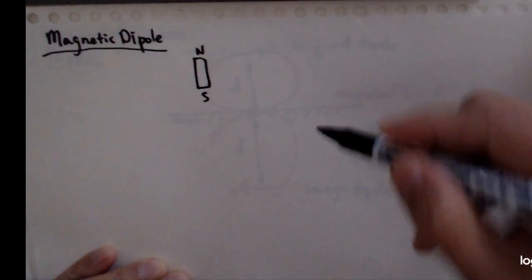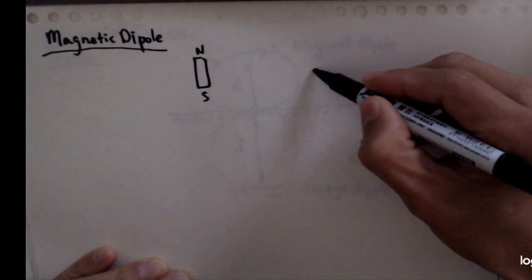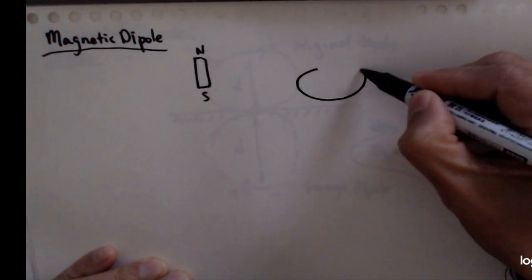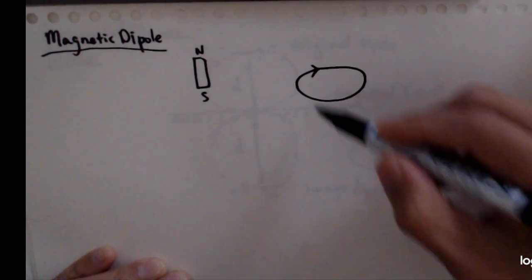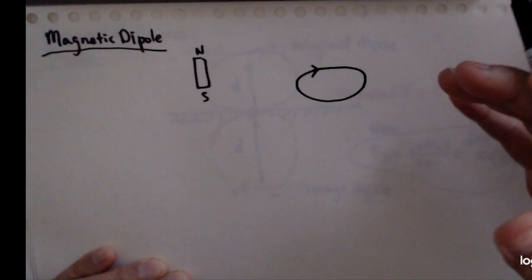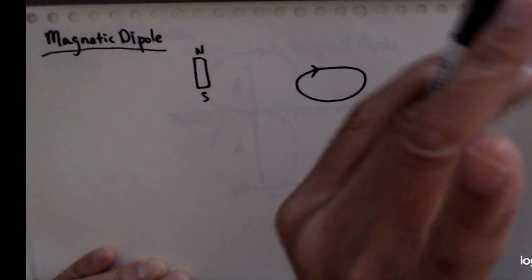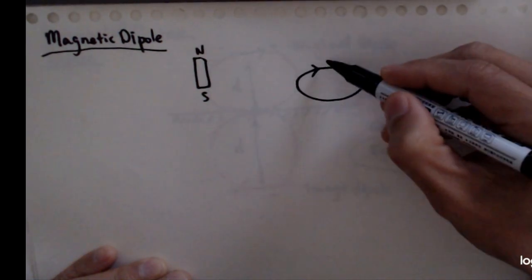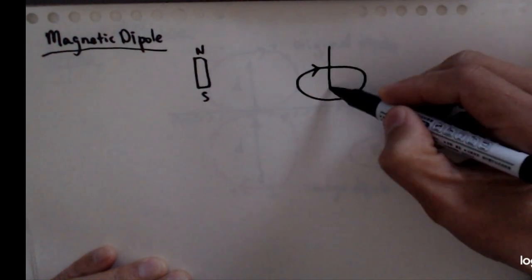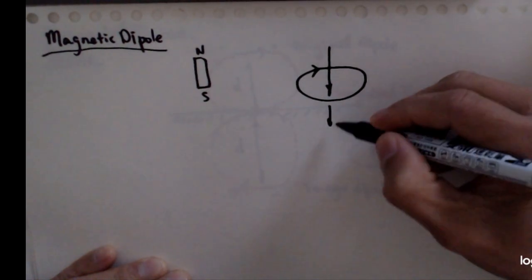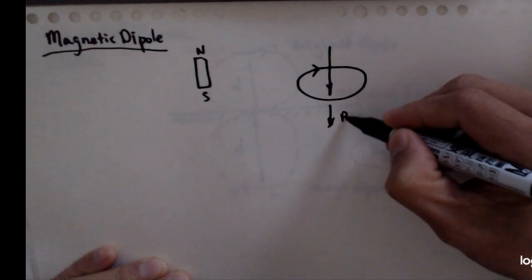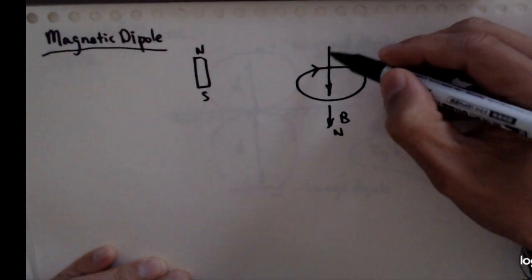Another example of magnetic dipole is when you have a current loop. So like in this case, you have a current here, so you produce a magnetic field, the B field, down here. So you will have a B field, and this is the north pole and south pole.